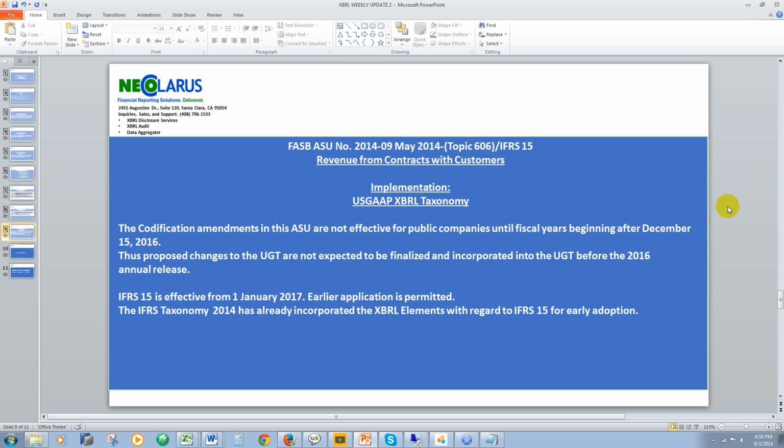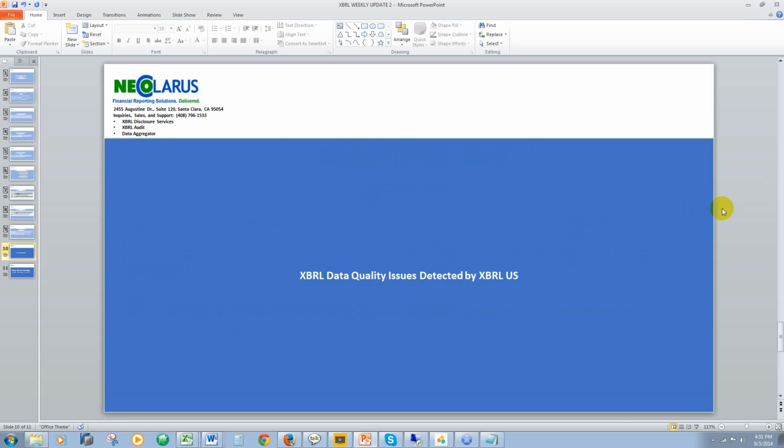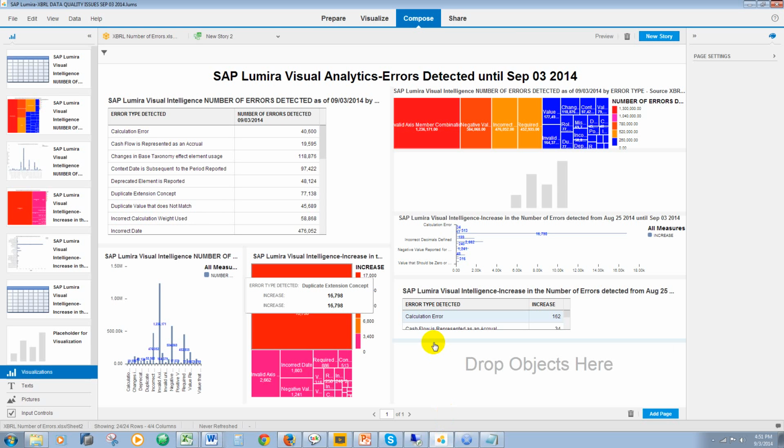And let's move over to the next topic, which is XBRL data quality issues detected by XBRL US through the XBRL US consistency suite. Let us look into that and view it from the SAP Lumira Visual Intelligence. We see that this is a dashboard.